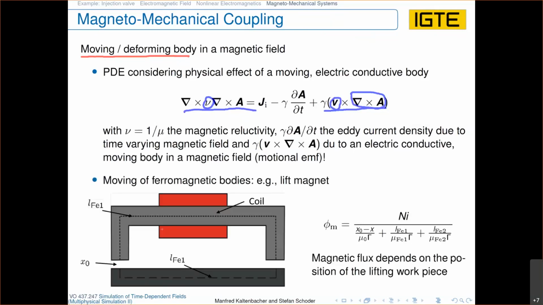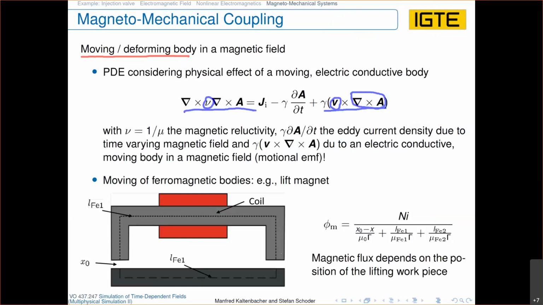So we have a lift magnet, and we assume that the ferromagnetic bodies we have here, so this part here, and also the part which is levitated, let's assume they have no electric conductivity. So we will not have this additional term here.